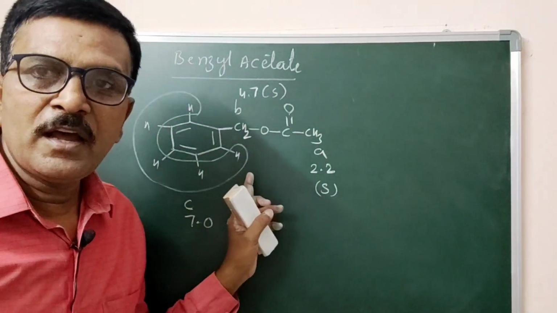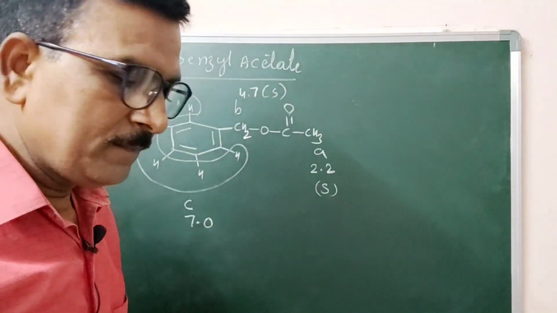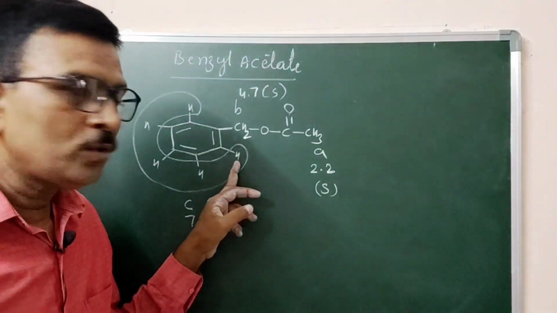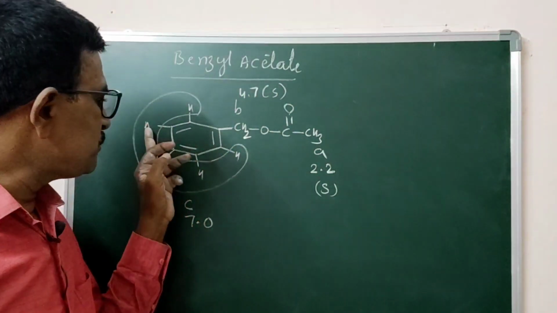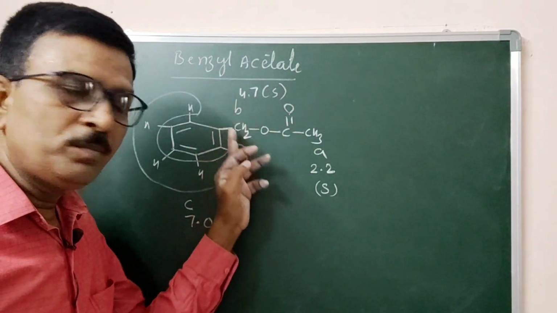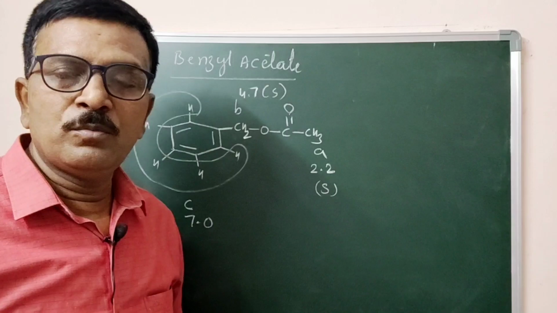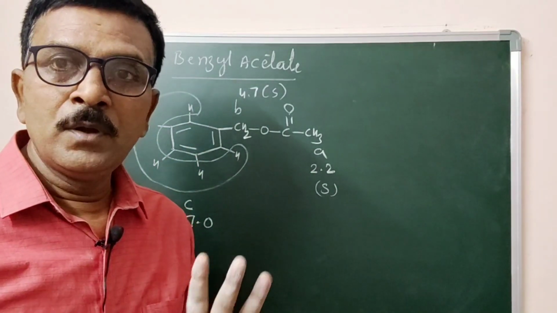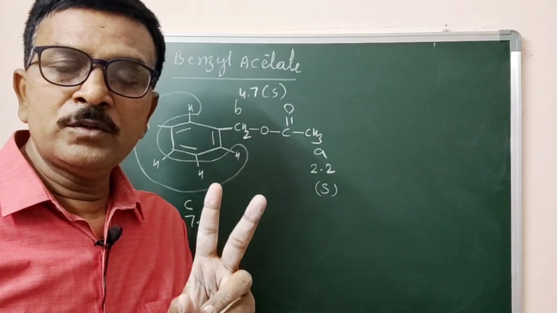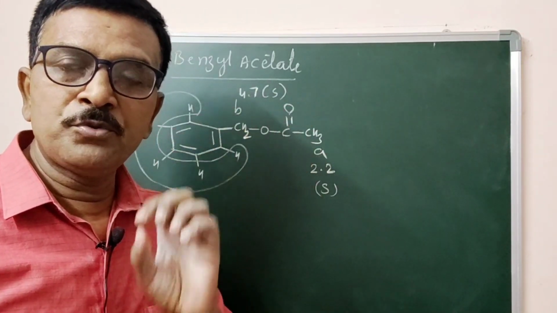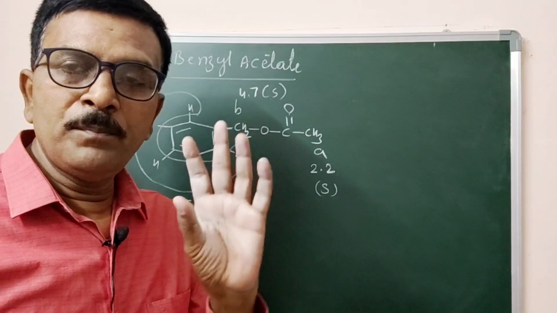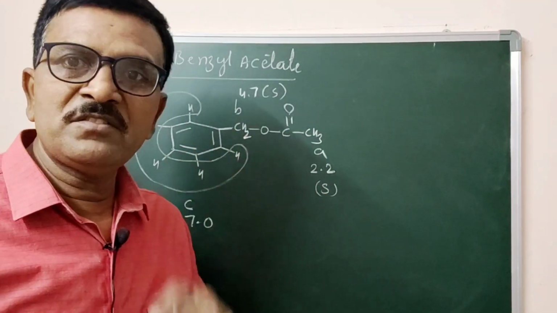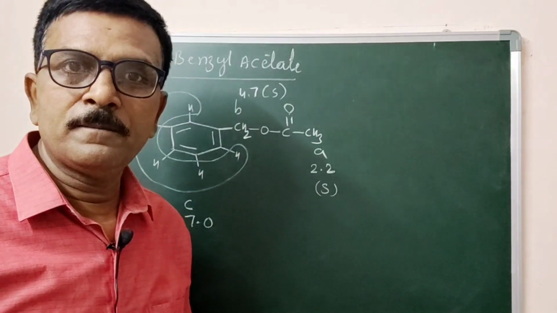Now all the 5 aromatic hydrogens, you can see here, these 2 protons are ortho to this group, these 2 protons are meta to this group, and this is para to this group. So the 2 hydrogens are ortho with respect to the substituent, 2 others are meta, 1 proton is para. Is it clear?